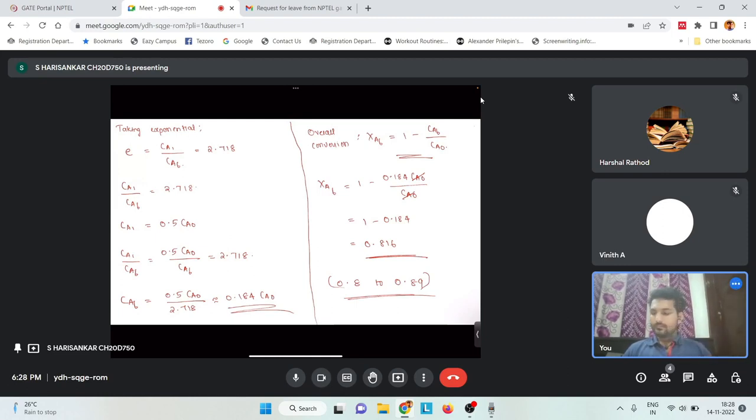Yeah, so this is basically just a straightforward application of the design equations. Because we don't have all the values here, we'll have to take a lot of variables. For example, the CA0, CA1, we don't have the values for this. So we'll have to take variables and do it.